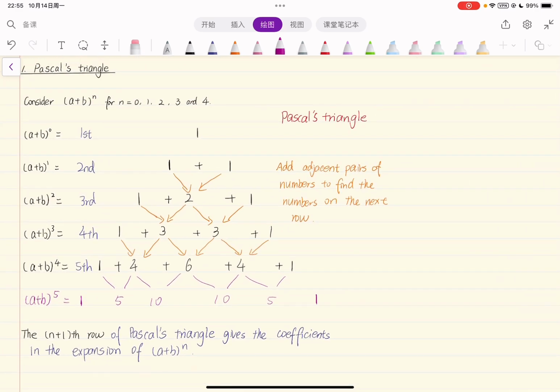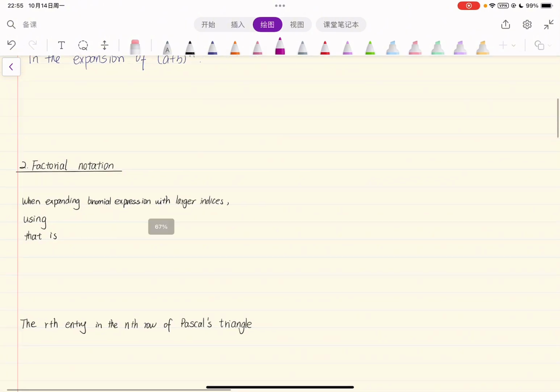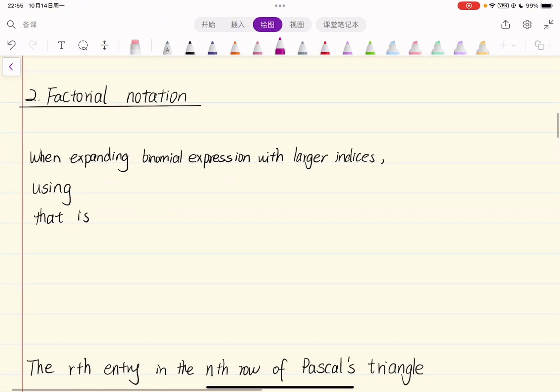Now let's move on to learn about factorial notation. You can see that Pascal's triangle is really useful to identify the coefficients of the expansion. But when you're expanding a binomial expression with larger indices, I think Pascal's triangle is not so convenient for you. This time we will learn to use factorial notation.